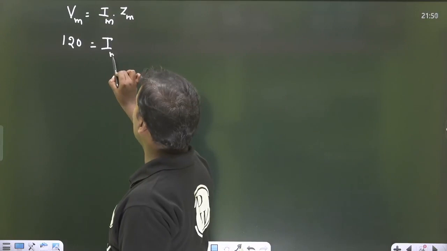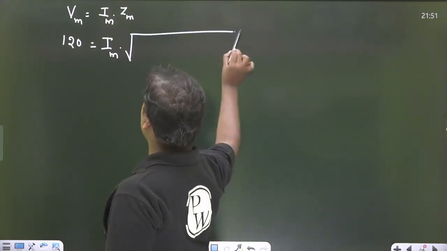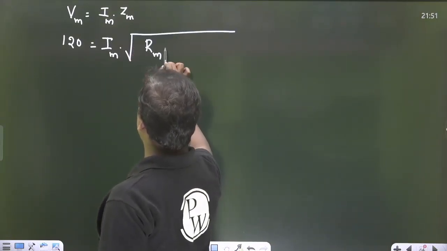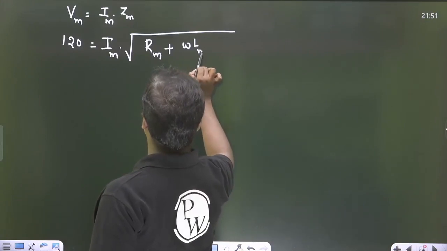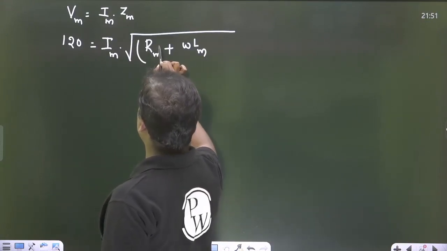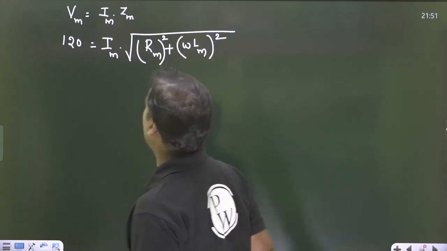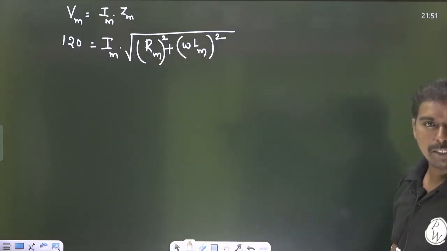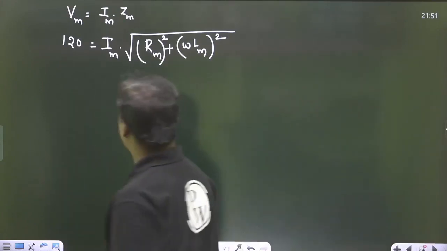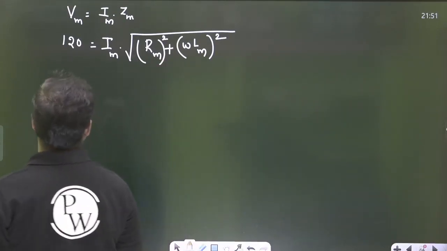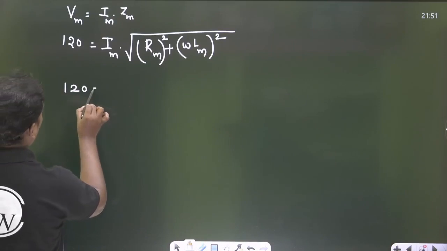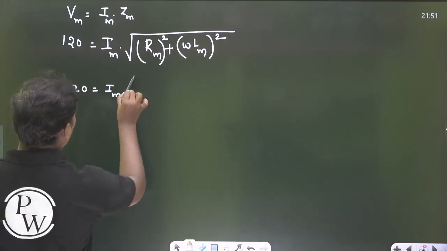But what is Zm? Zm is nothing but the square root of Rm square plus omega Lm whole square. So now you can find out the Im from this. This is 120 by Im. What is the meter resistance, dear?